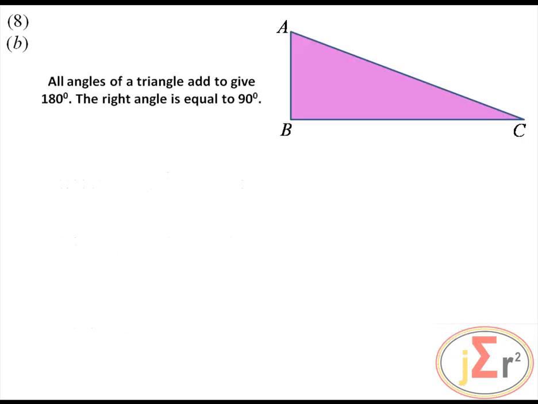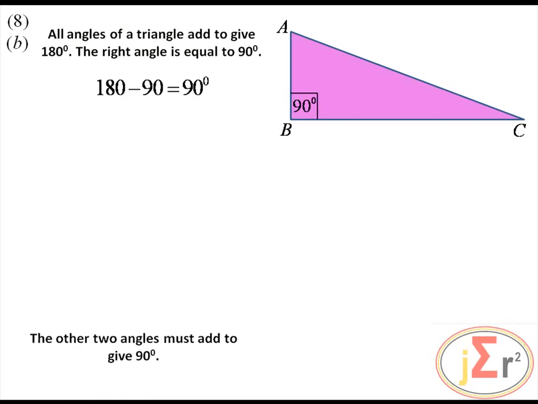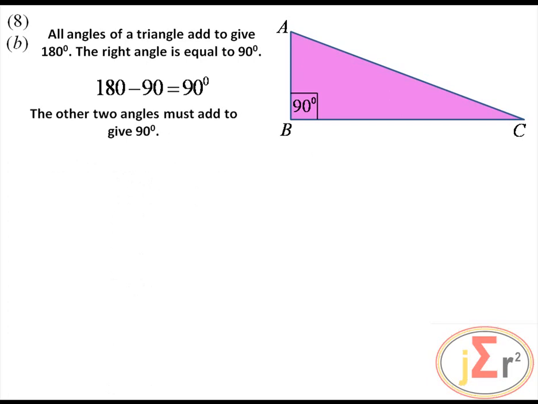So there we have a right-angled triangle. All angles of a triangle add to give 180 degrees. The right angle is equal to 90 degrees. So the other two angles, of course 180 minus 90 is equal to 90. The other two angles must add to give 90 degrees. Each of them must therefore be less than 90 degrees.